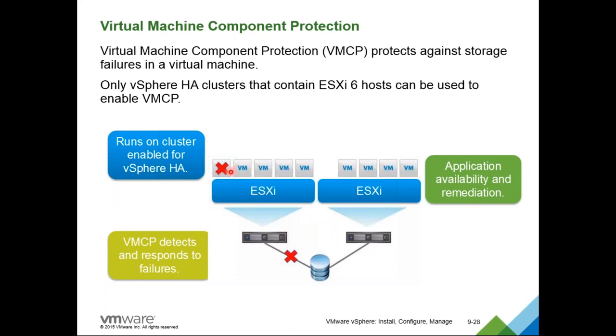In the sense, if you have two virtual machines enabled with the cluster services and providing a single application service, in that scenario your virtual machine component protection failure alerts or failure mechanism will start functioning by using virtual machine component protection. So this feature was introduced from vSphere 6 onwards. So, any questions?